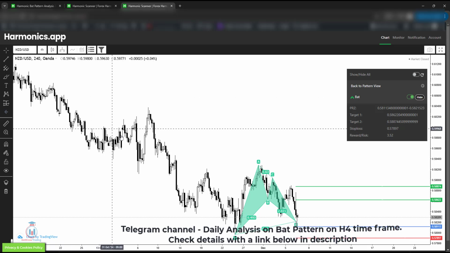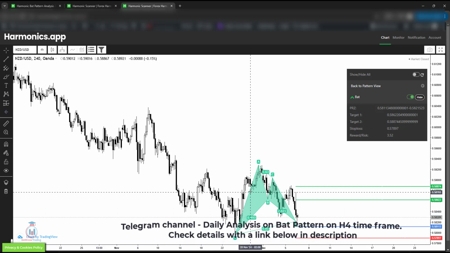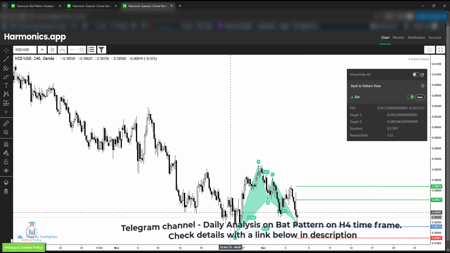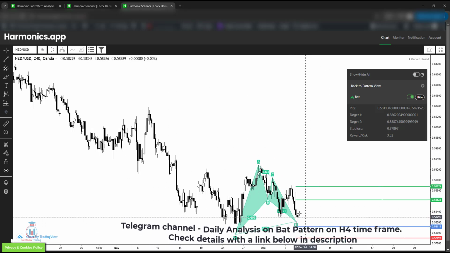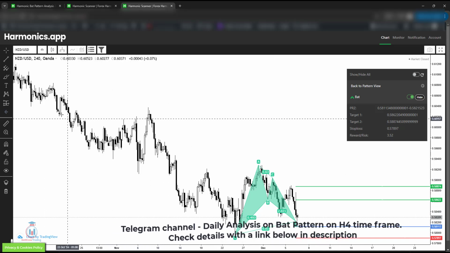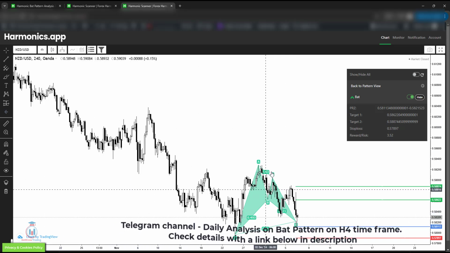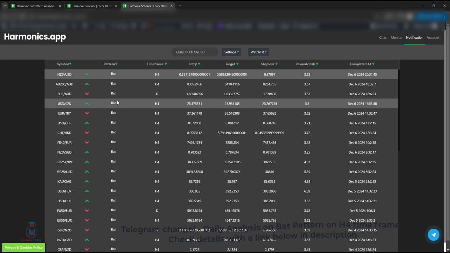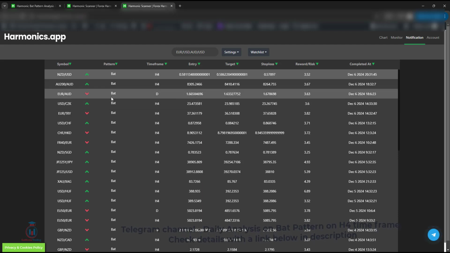So if the price is going down and the price forms a bearish pattern, then I continue to make the analysis. In this case it is a bullish pattern, which is against the trend, so I skip this one. If you have any other filter that you would like to use in picking which pattern is good, you can use that, and especially you should keep analysis statistics to see what works and what does not.